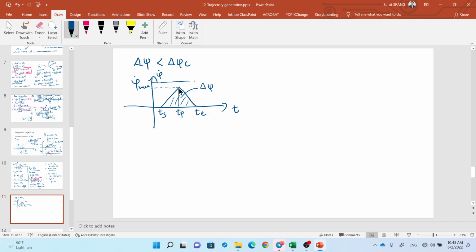So if you know the area, you need to find tp. te minus ts equals 2 times the area divided by the height, and tp minus t start is only half of this.